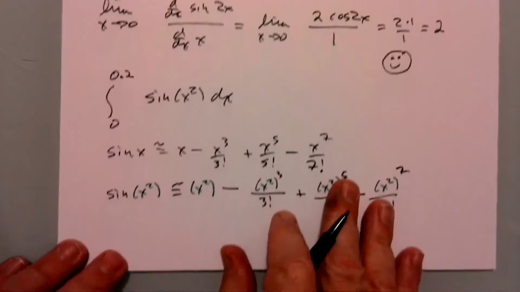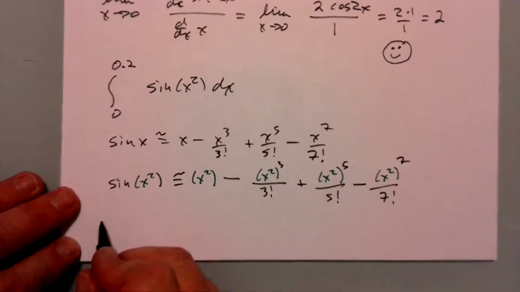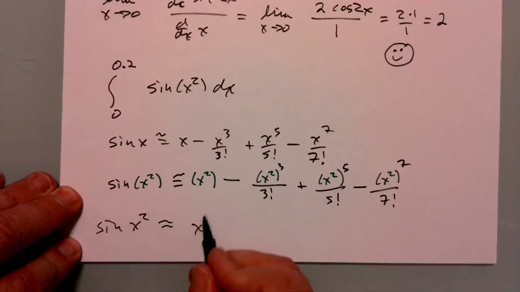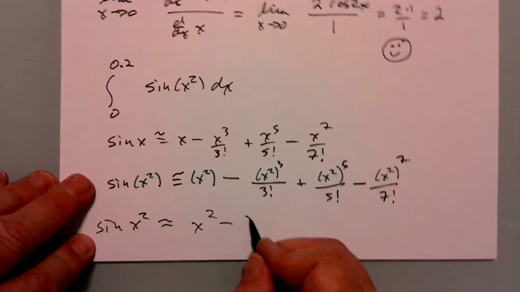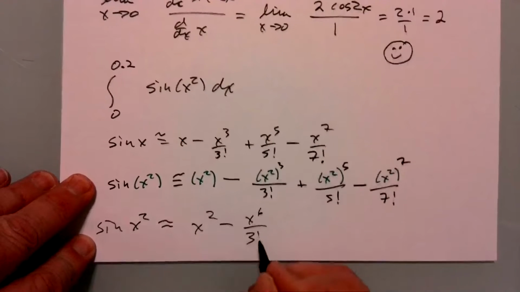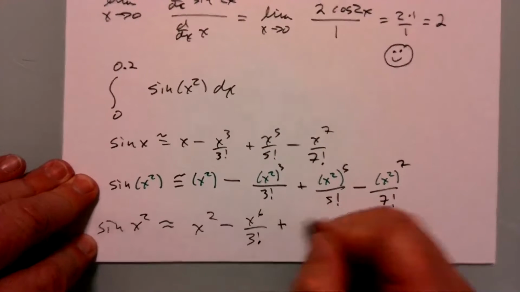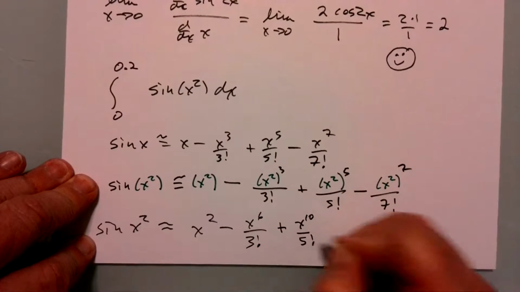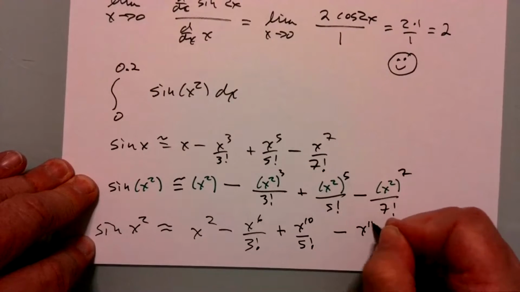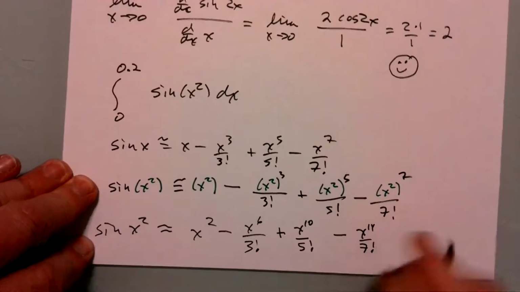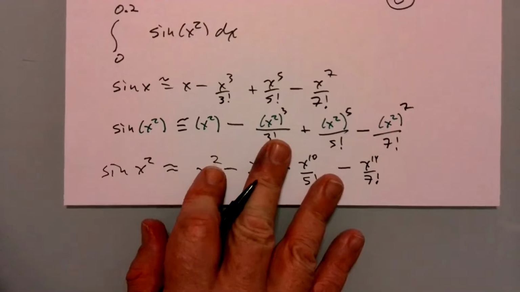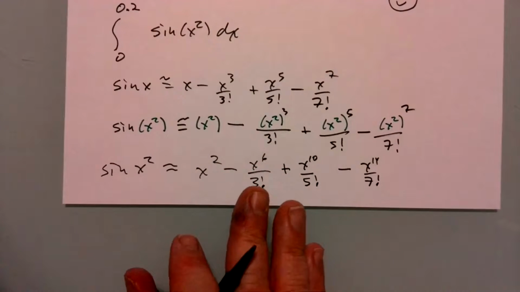So you see we have this long, nasty looking problem. What is sine of x squared approximately? x squared minus x to the 6th over 3 factorial plus x to the 10th over 5 factorial minus x to the 14th over 7 factorial. I want to integrate that from 0 to 0.2, which I think I can do.